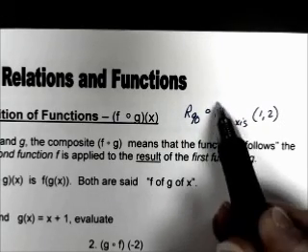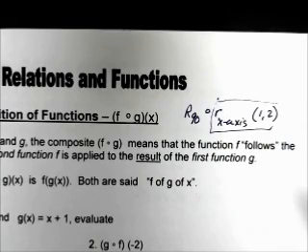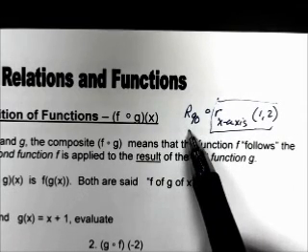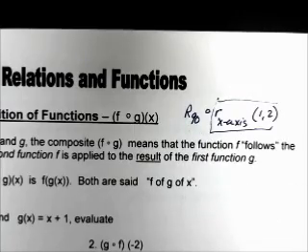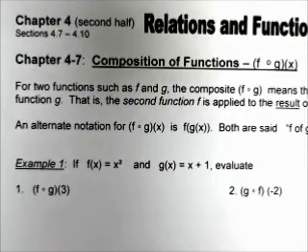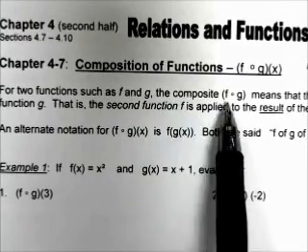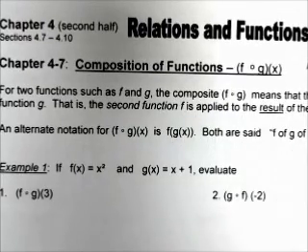Well, it was the one to the right. So the reflection was done first, and then to that result you applied your rotation. The same follows with functions. For two functions such as f and g, the composite f of g means that the function f follows the function g. That is, the second function is applied to the result of the first function g.